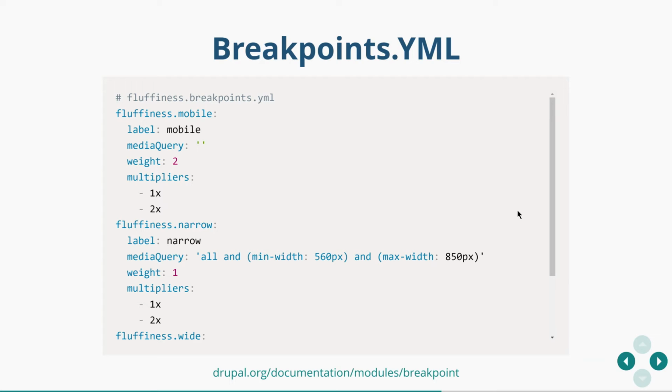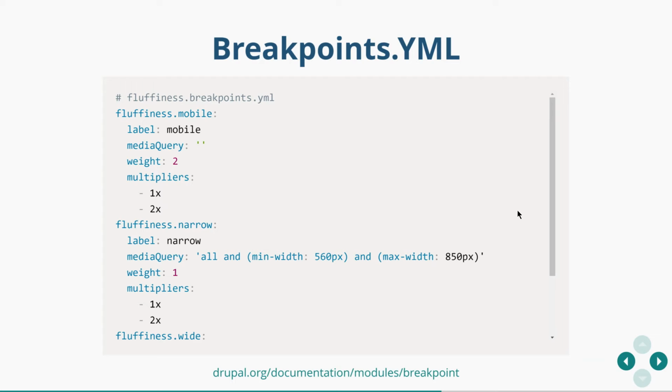So we have fluffiness.mobile, and I'm going to give it a label for the UI. It doesn't have a media query because it should be the default. It has a weight. The weight is so you can have them show in an order other than alphabetical, which might not make any sense. You want to probably have them in order of smallest to largest. And then multipliers, so if you want to have retina support or what have you, that's how you do that.